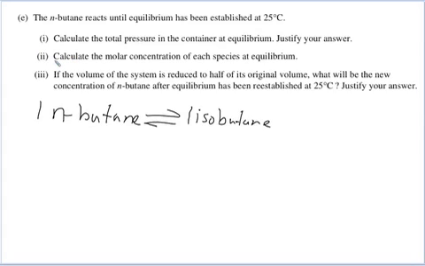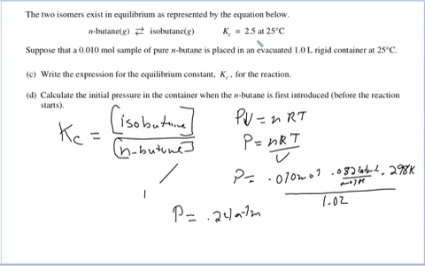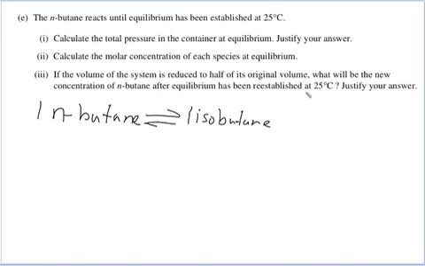Number 2. Calculate the molar concentration of each species at equilibrium. If we go back and look, they gave us the Kc value as 2.5, so let's write that over here, Kc equals 2.5. A lot of times on the AP test they're going to give you this equilibrium constant, but they're not going to give you the concentration at equilibrium.